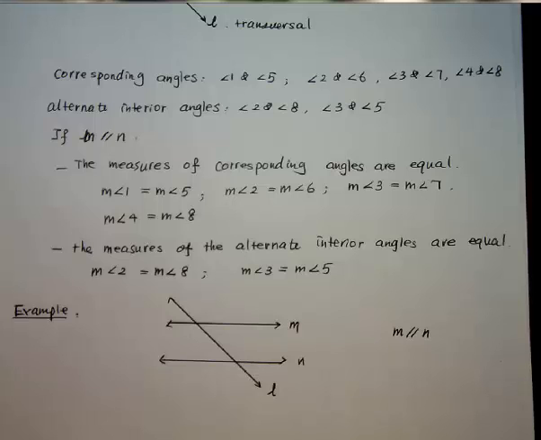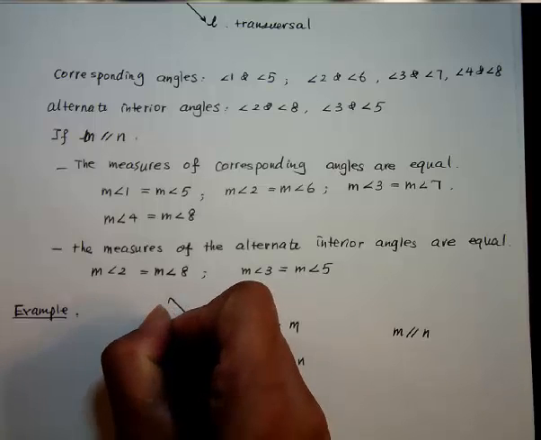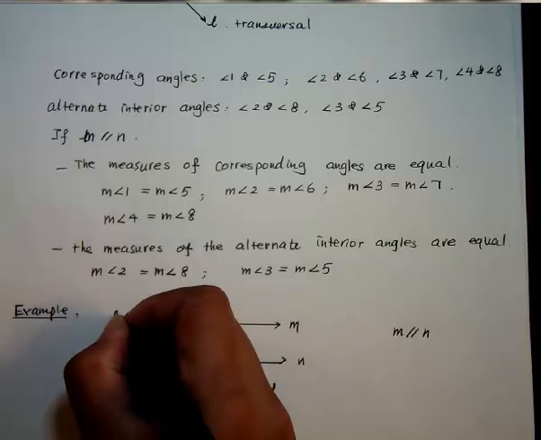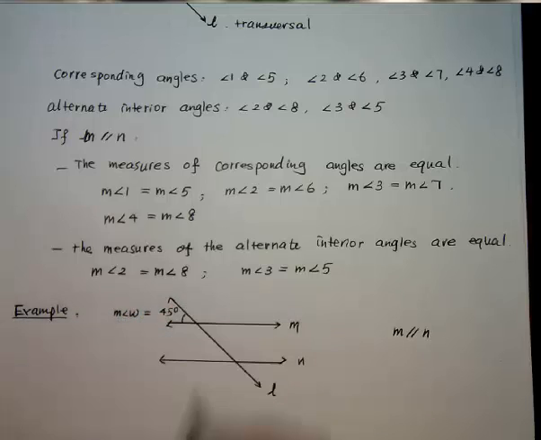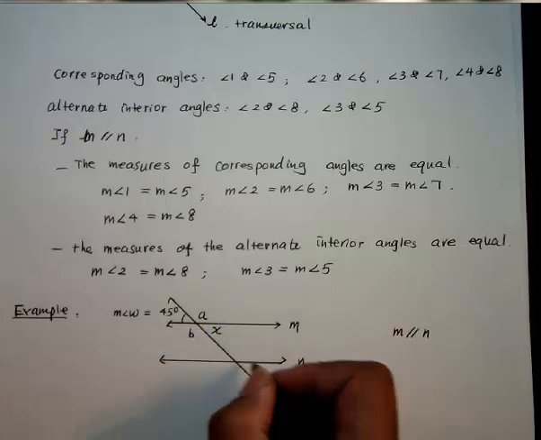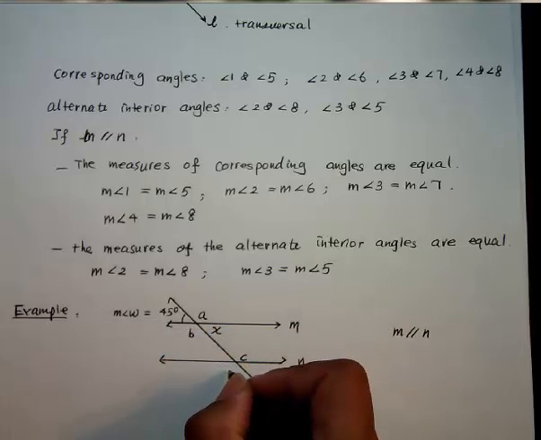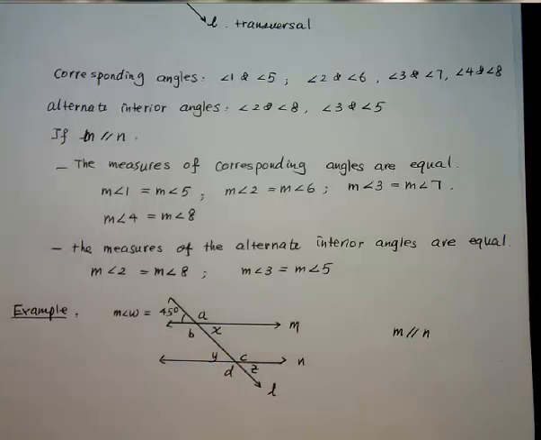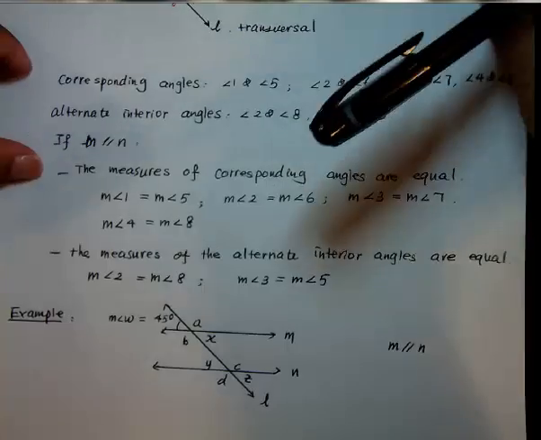We are given this angle is 45 degrees. Let me call this angle W. And we are going to find the rest of the angle measurements: A, B, X, C, D, Y, Z. Let's find the rest of the angle measurements.